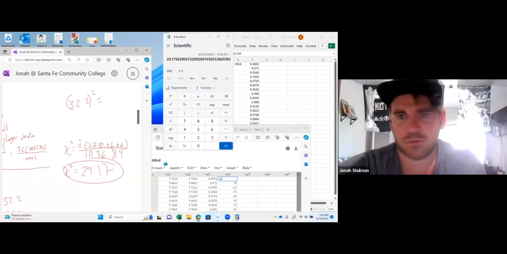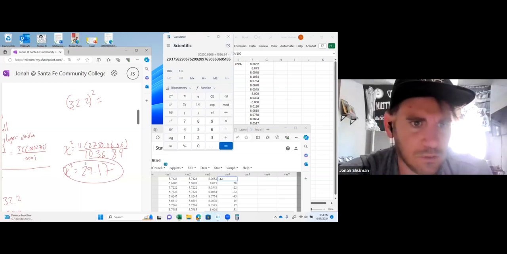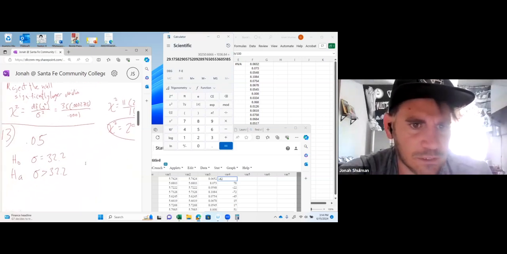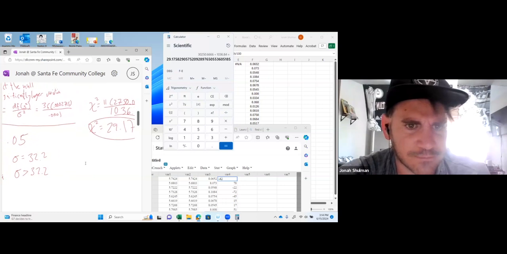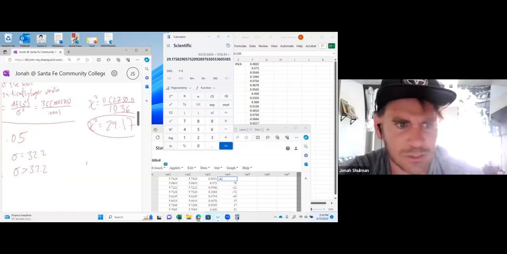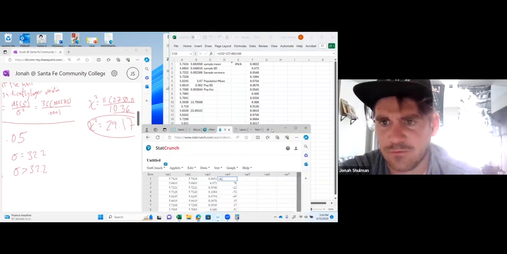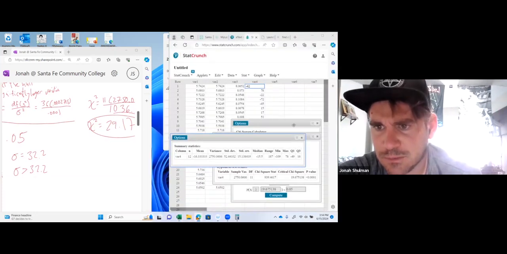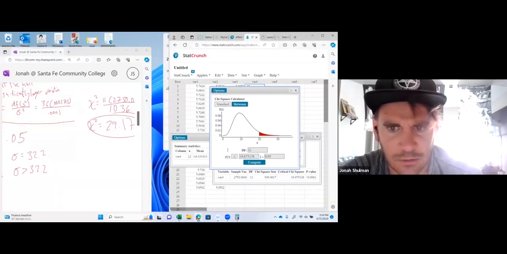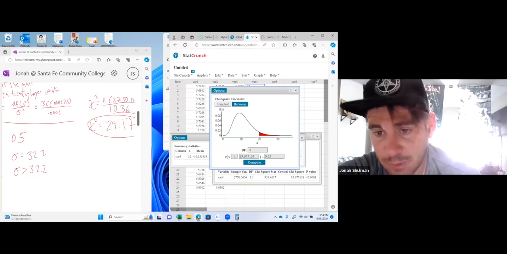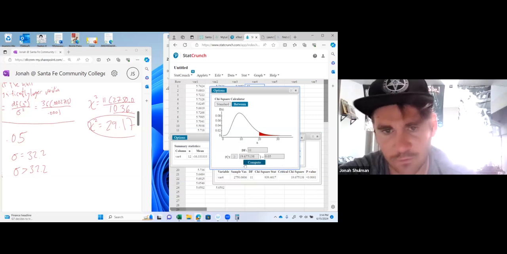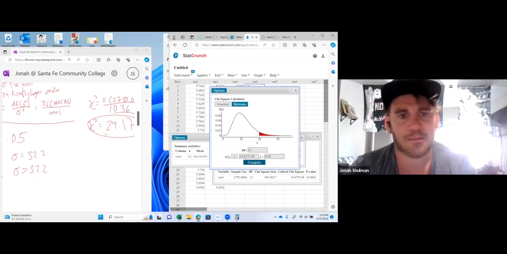And that's what the book got, 29.17. So we could do it by hand and get that this is 29.17. And then we could just look at the critical value here. So for some reason, if you're ever worried about it, you could always do these things by hand. Is 29.17 bigger than 19.675? Of course it is. Ta-da.